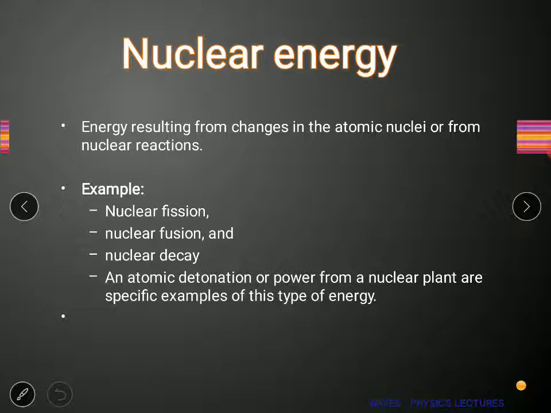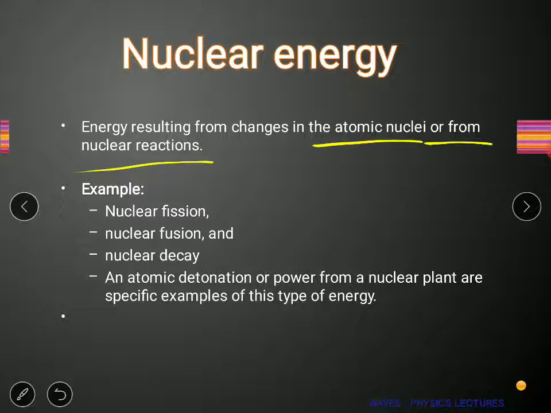Nuclear energy, we have not discussed this in detail, but we already know that nuclear energy is risky, is dangerous. It basically results from changes in the atomic nuclei, or nuclear reaction, and whenever there is nuclear energy extraction, there are always radiations coming out, the alpha, beta, gamma radiations.